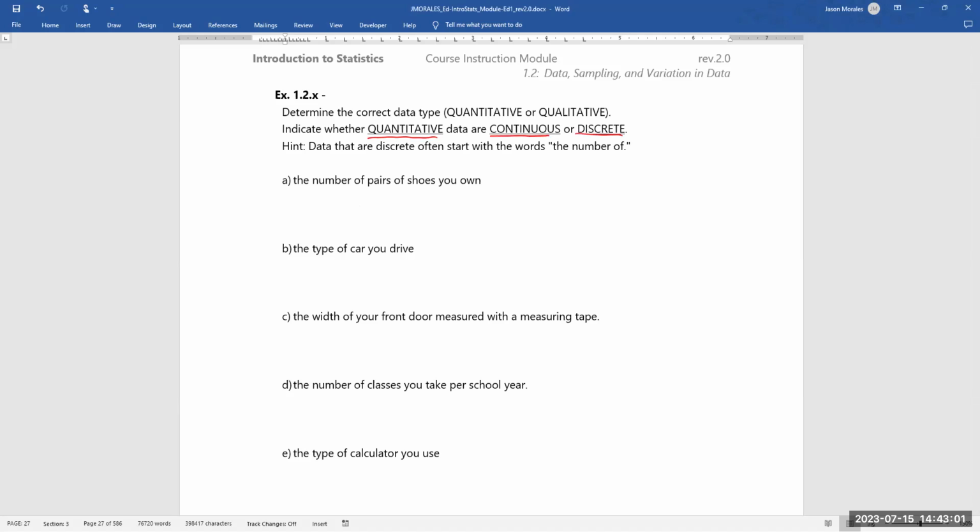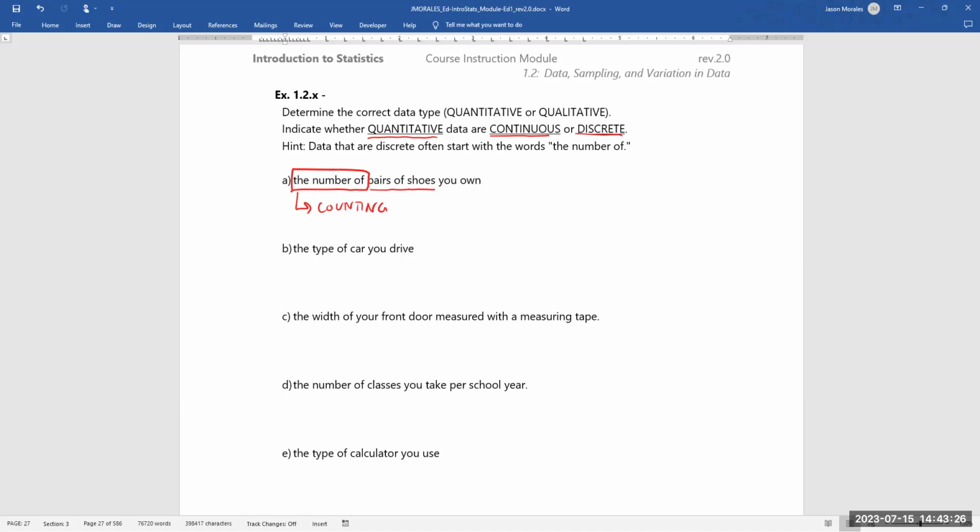It says the number of pairs of shoes you own. So the key phrase here is the number of. What this is doing is implying counting. And so you're counting the number of pairs of shoes that you own. Because we're talking about numbers, it's going to be quantitative.